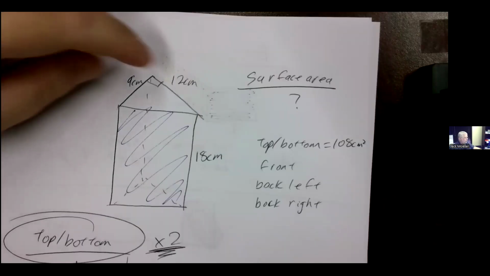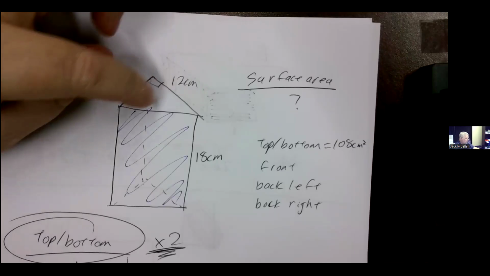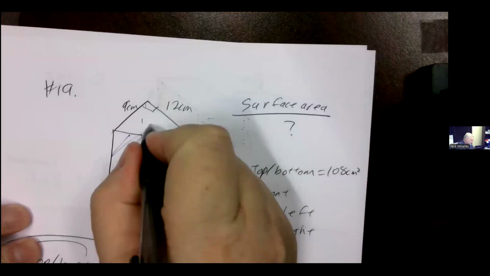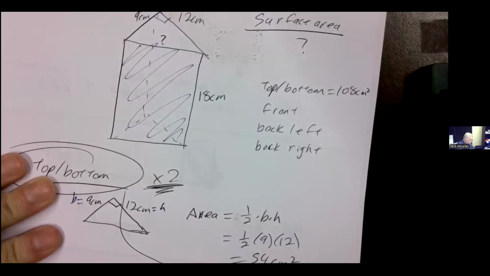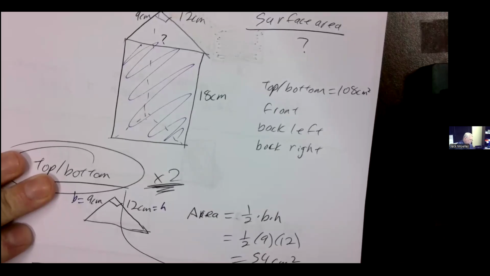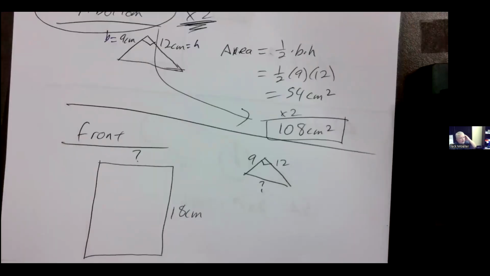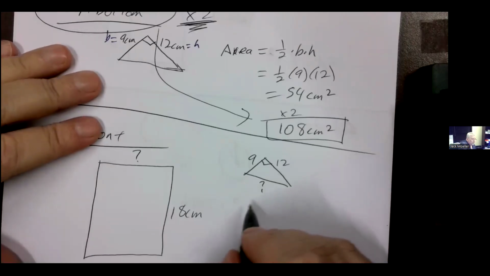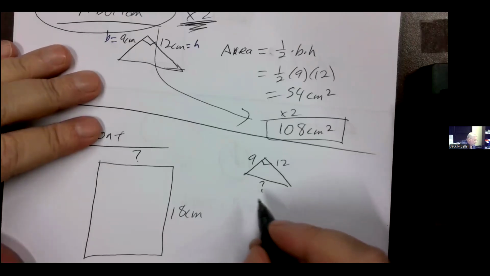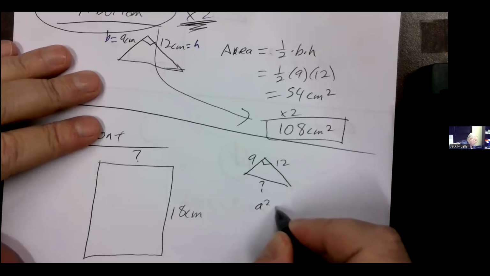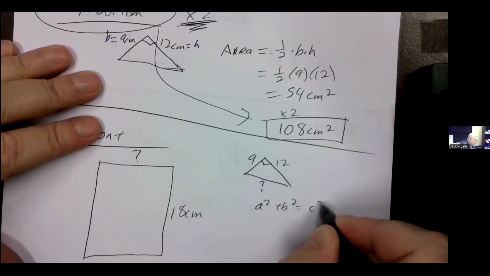Well, notice that we're dealing with a right triangle and we don't know one of the sides. So how do we find the length of a missing side of a right triangle? This goes all the way back to the first thing we did in chapter 10, Pythagorean theorem. A squared plus b squared equals c squared.